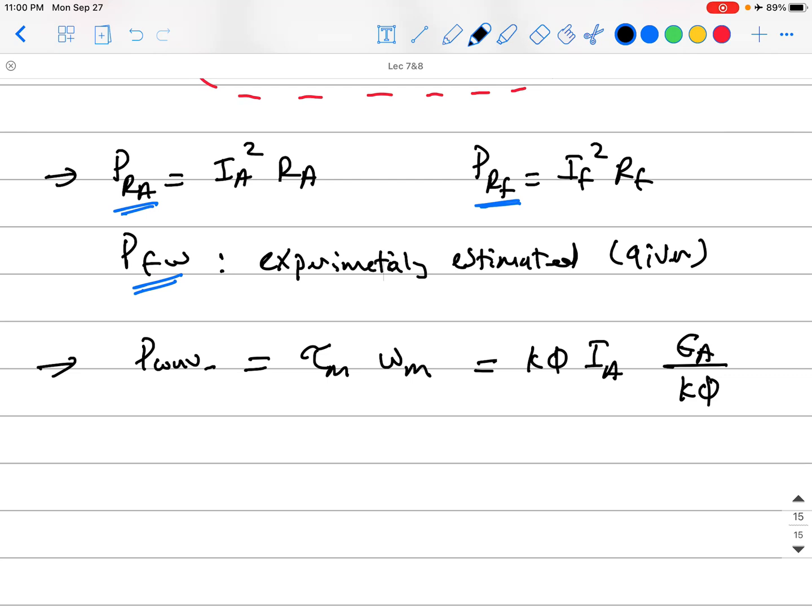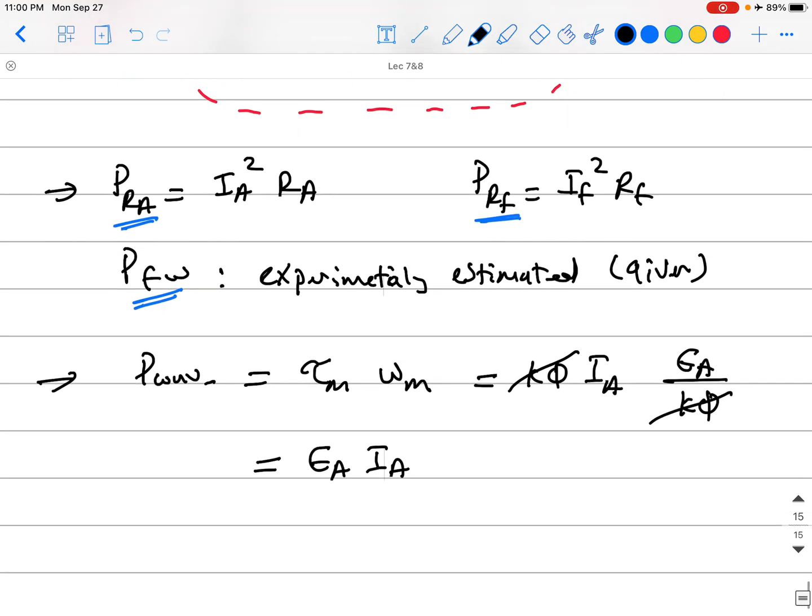You know this: EA equals K phi omega m, so omega m is EA divided by K phi. Now K phi cancels with K phi, and this will equal EA times IA. Remember, guys? So it has 2 different forms. One is the torque times the speed, and one is the induced voltage times the current.